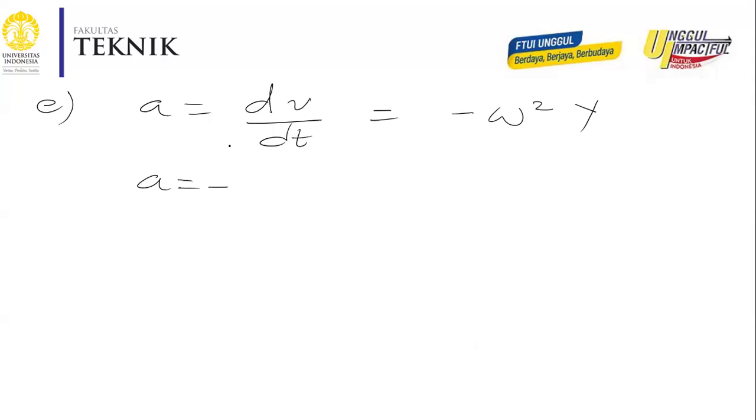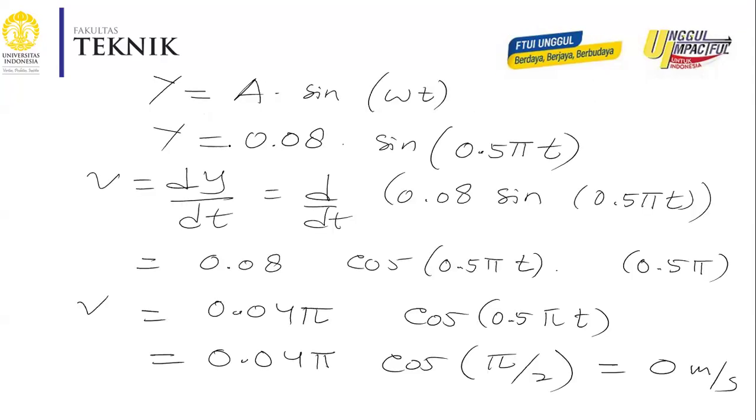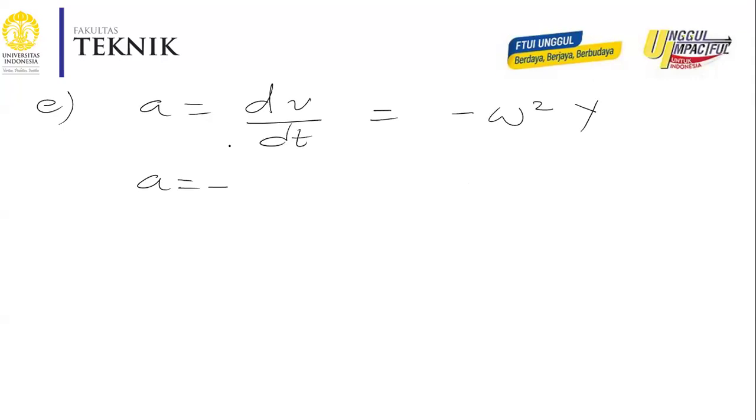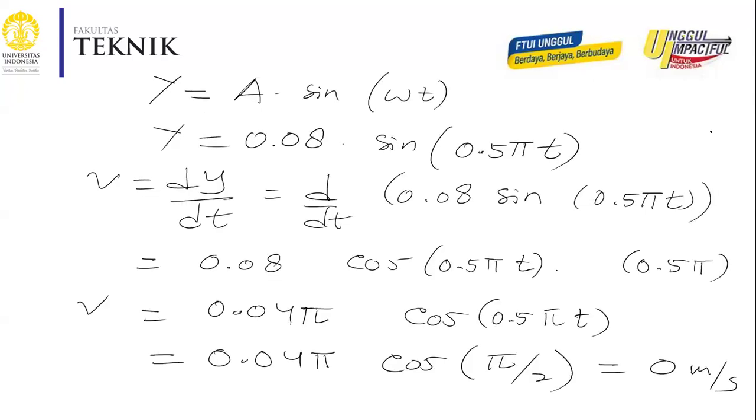Okay, we can say that the acceleration is dv/dt, which is equal to minus omega square times y. So we get the acceleration is minus omega square, where omega square is (0.5 pi) square, times y. Y is here, 0.08 sin 0.5 pi t.